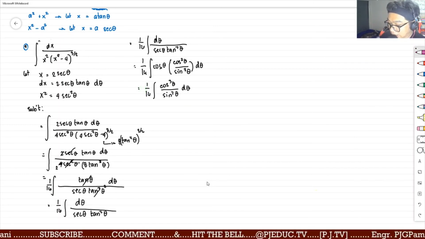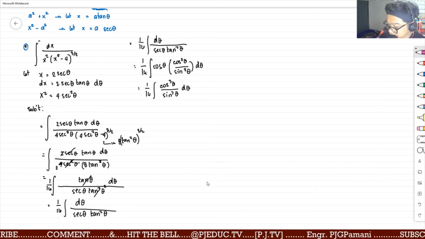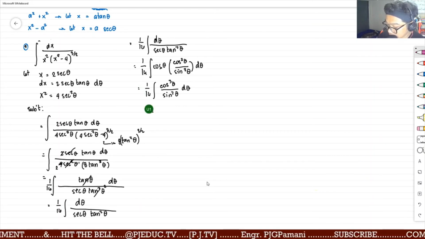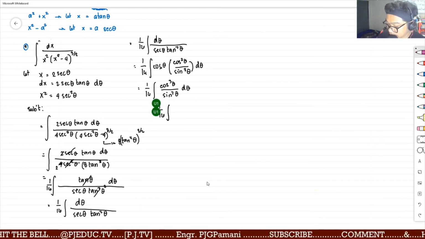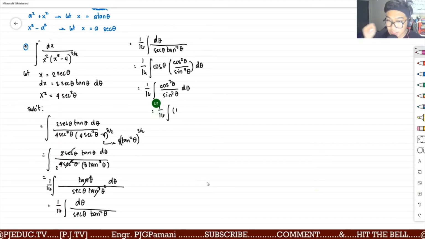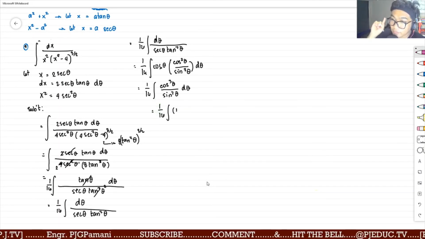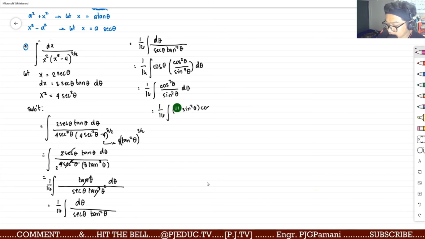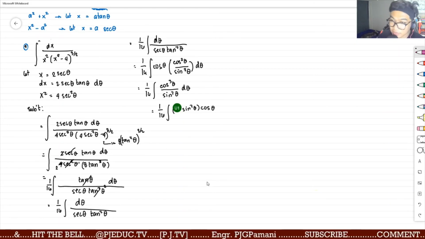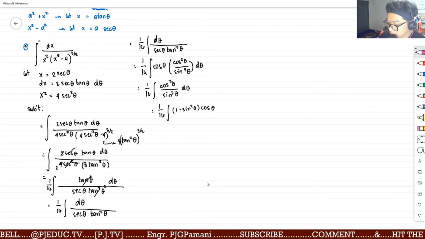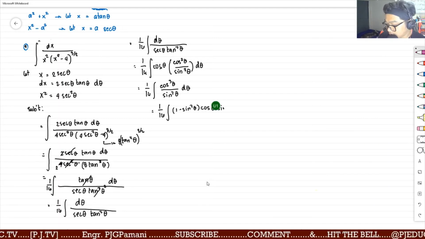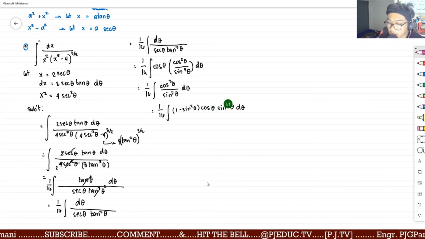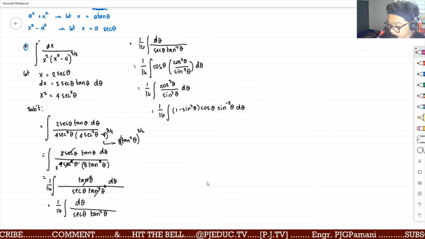Apply your identities ulit. That is 1/16 of 1. That is cosine with a positive odd integer. So 1 minus sine squared theta times yung cosine na isa, so just the same as cosine cube theta. Then reciprocal, that's sine -2 theta d theta. Kita na natin yung common terms natin.